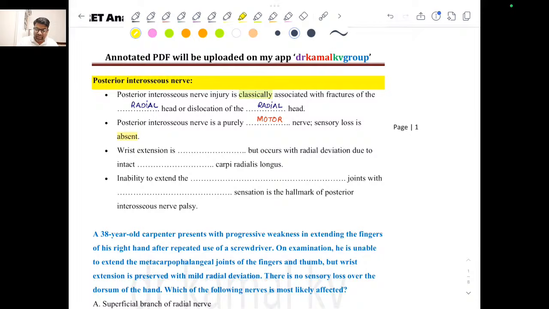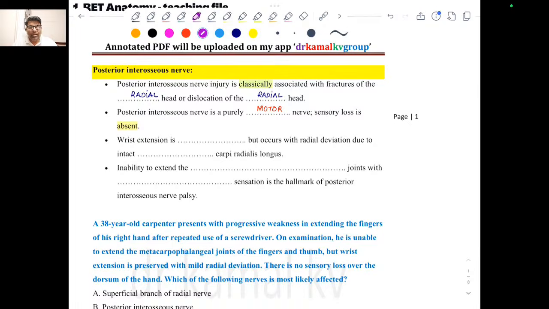Now, I think most of you must know that if there is paralysis of the posterior interosseous nerve, the resultant deformity is known as finger drop. So there is finger drop deformity.